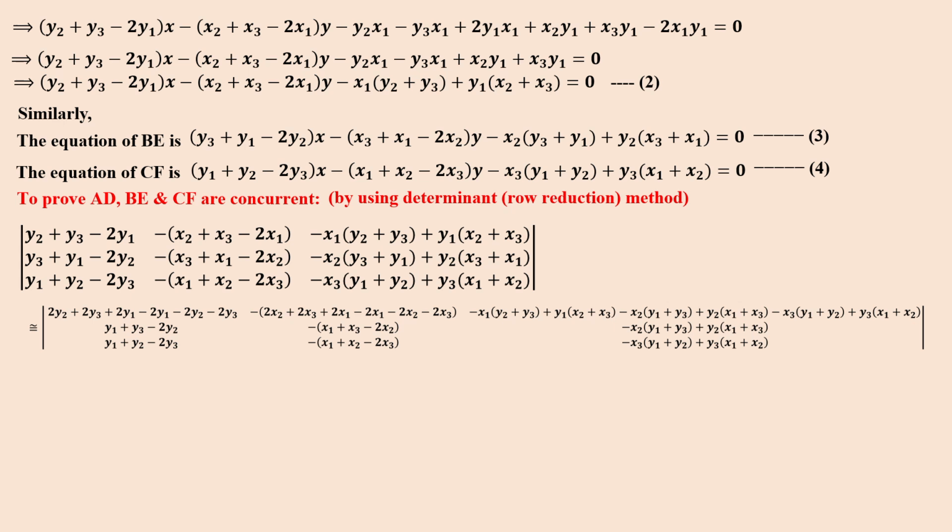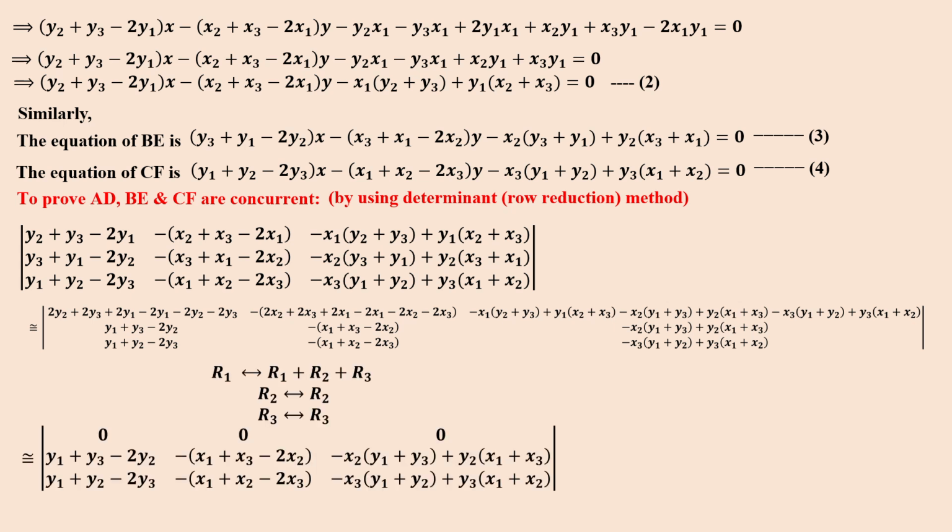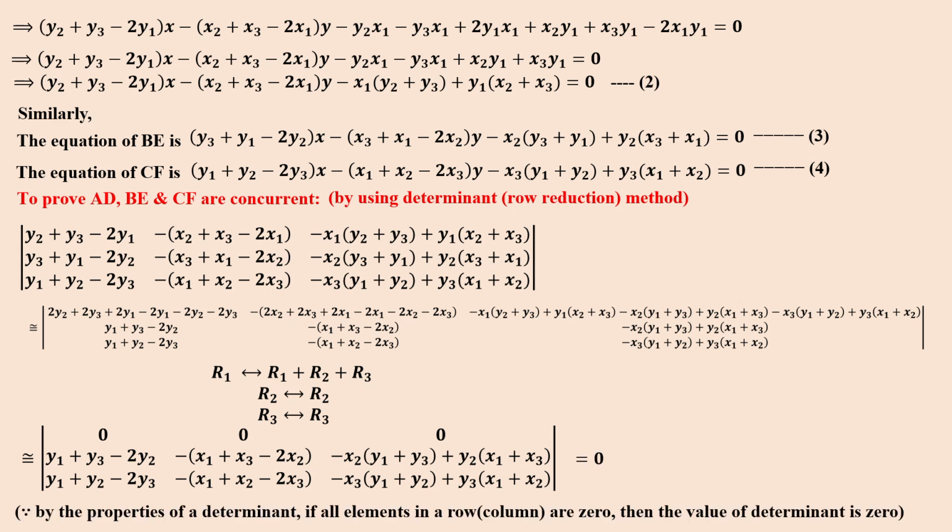Similarly, the first row third column is also 0. So the first row is completely 0 0 0. In a matrix, if a row or column is 0, then the value of the determinant is 0. Using that property, this is 0.